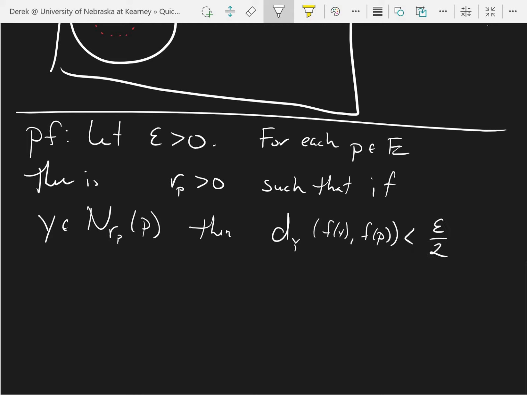We want epsilon over 2 so that we can use a triangle inequality. So our white circles are, if you're inside the white circle together, your outputs are closer than epsilon over 2 together.